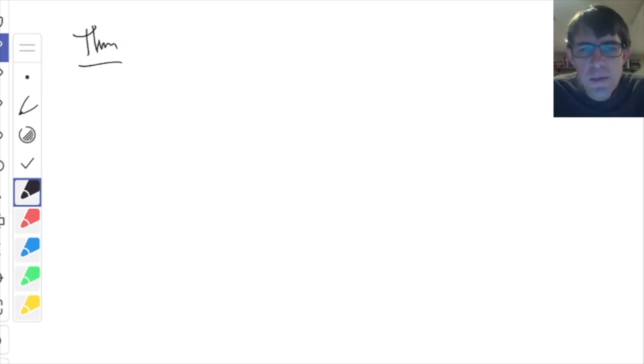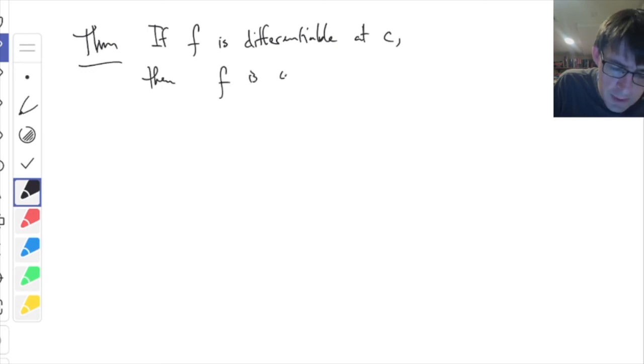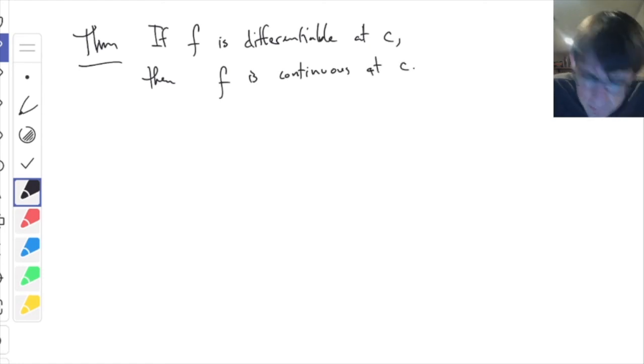Maybe you talked about this in your calculus class. I don't know. It just says if f is differentiable at c, then f is continuous at c. I said maybe you talked about this in your calculus class because actually you don't need to use the epsilons to do this proof.